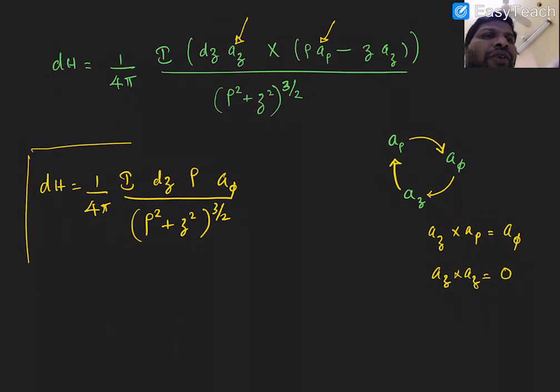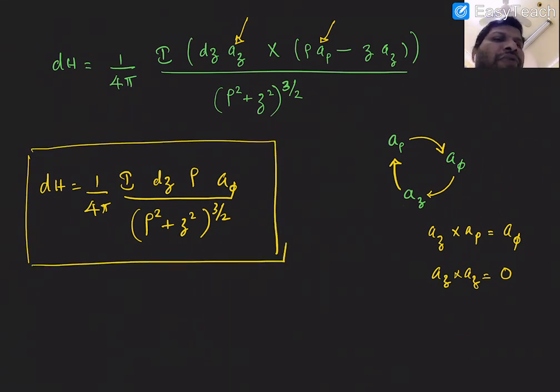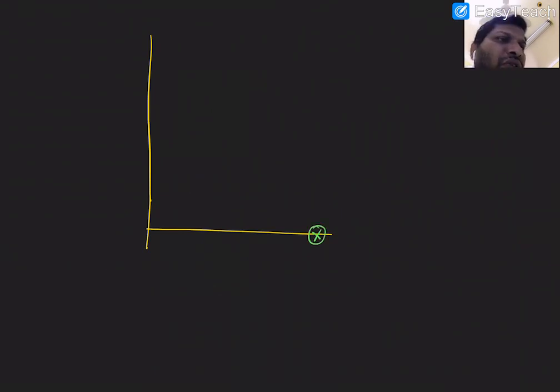Now, how to get the value of H at the point P. To get the value of H, we have to integrate dH. Before integration, let us understand clearly: this is the point of consideration, that means I want to find the magnetic field at this point.